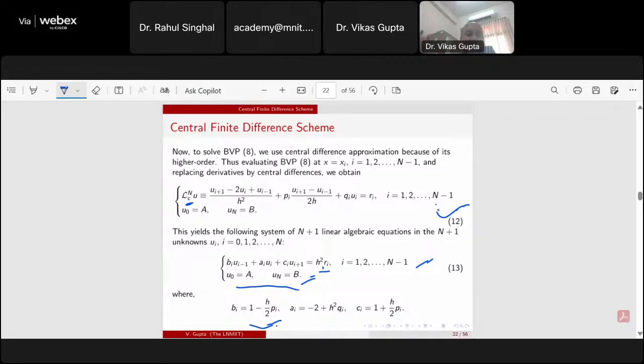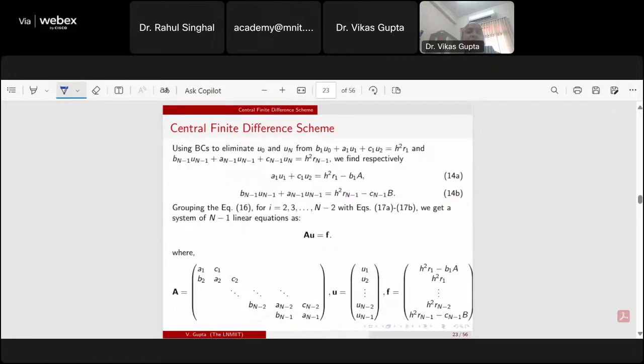Either you consider the boundary conditions together, or use them to eliminate the terms u0 and un from the equations corresponding to i equal to 1 and i equal to n minus 1. Since the boundary conditions are simple, here we will opt for the second way.